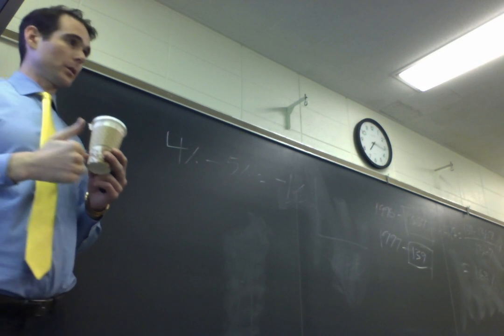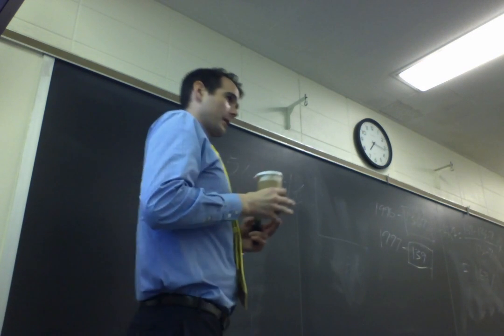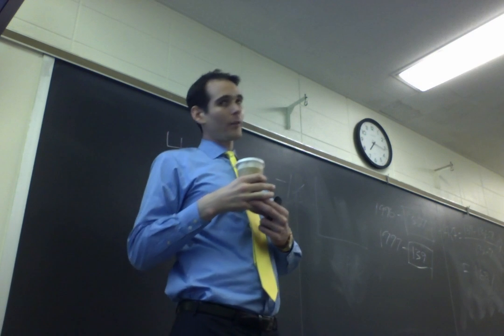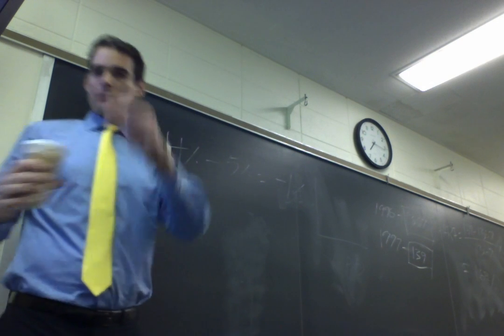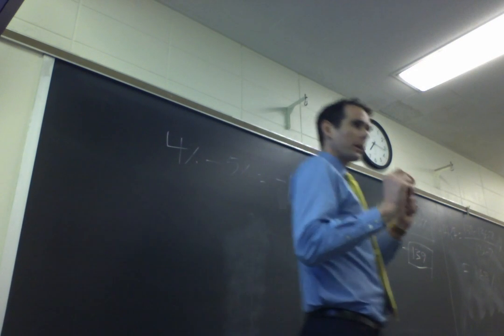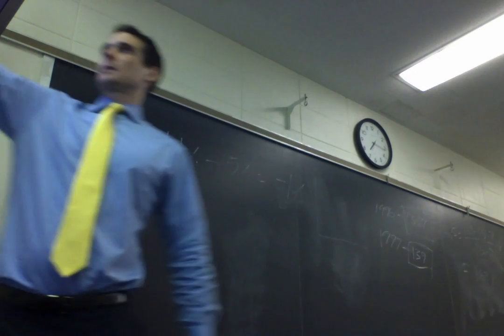I gave the example earlier. If price of oil goes up, I may have to spend a little bit more getting the materials to make this cup of coffee. I may need plastic, and the machinery to run that takes oil. So if the cost of an input increases, then that's going to push prices up.